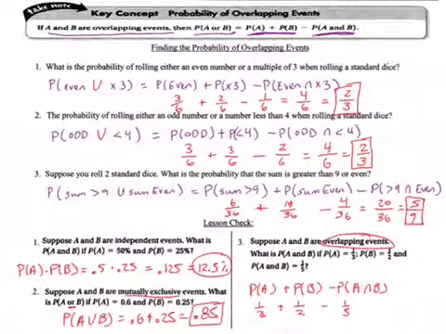Well, these are fractions, so we need like denominators. In reality, 1/3 would be 10/30.